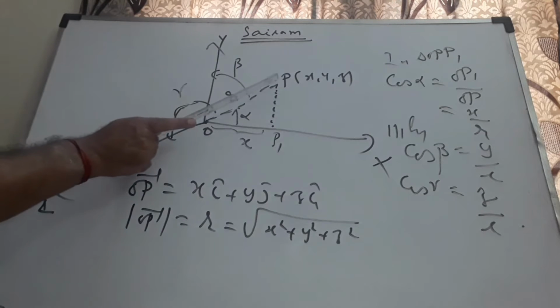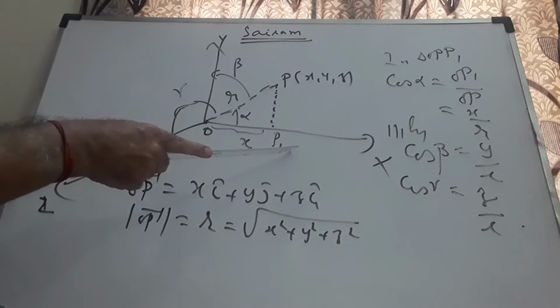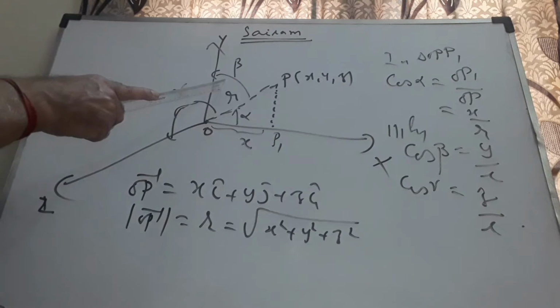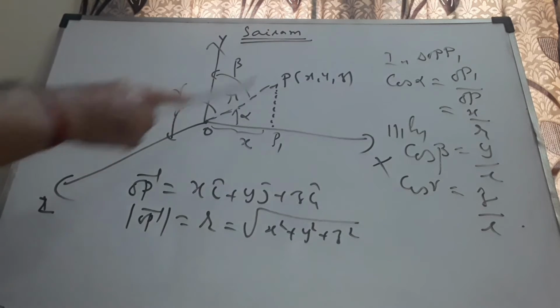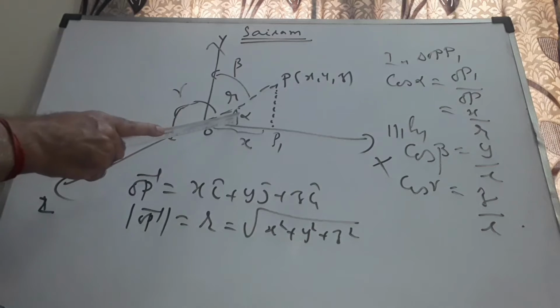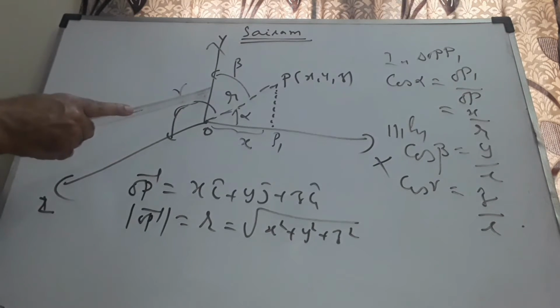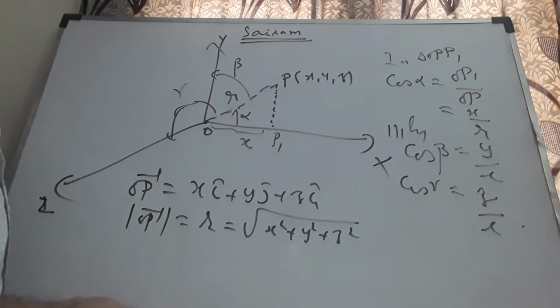I assume that OP vector makes an angle alpha with the positive direction of x-axis, beta with the positive direction of y-axis, and gamma with the positive direction of z-axis. Therefore, in this particular right triangle OPP1, cos alpha is adjacent side by hypotenuse. So cos alpha becomes x by r, cos beta becomes y by r, and cos gamma becomes z by r.